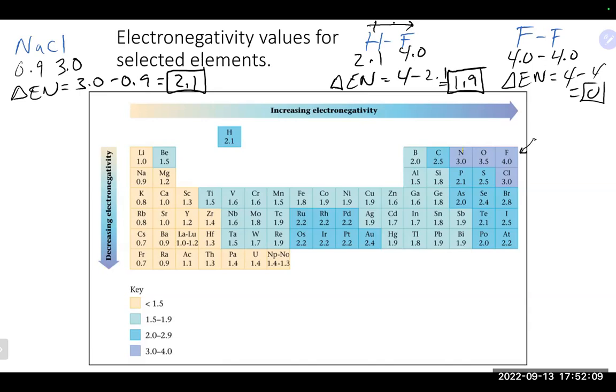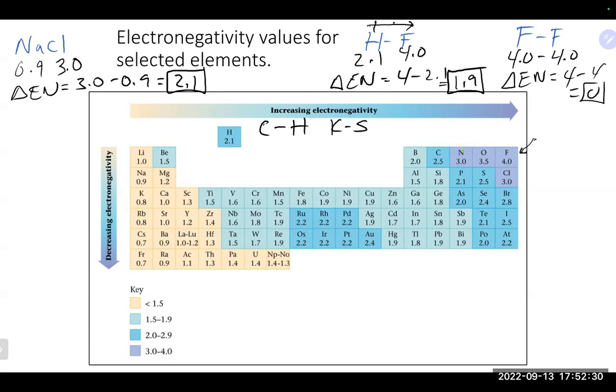So why don't you try some here, deciding using the electronegativity values. Are these bonds ionic, polar, or non-polar? Let's do CH. Let's do KS.